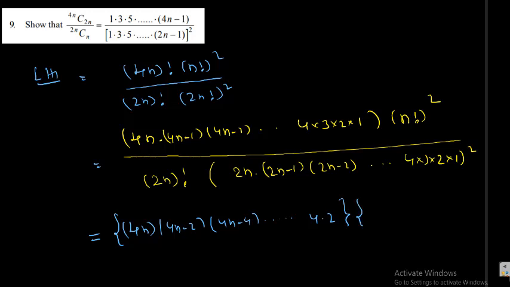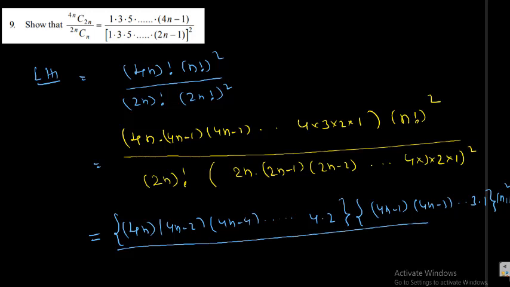So what are the remaining? (4n minus 1) into (4n minus 3) and so on, 3 into 1, into n factorial square by, this 2n factorial as it is.